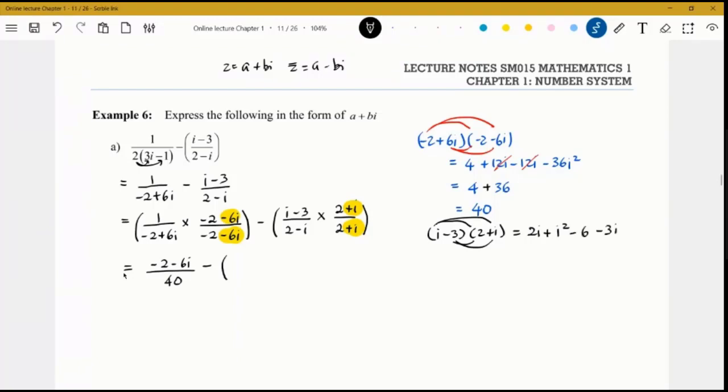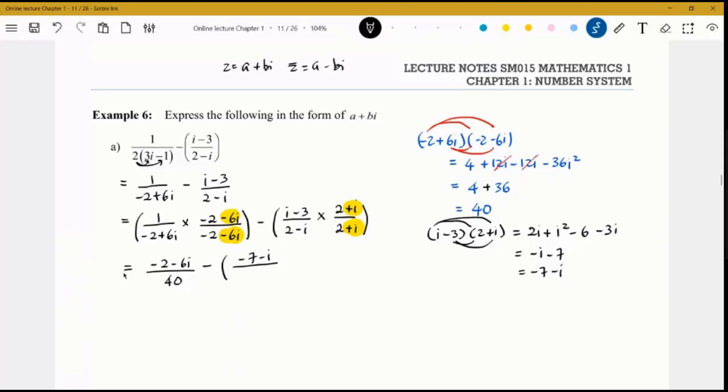So ini dapat 2i. Ini akan dapat positif i square. Ini akan dapat negative 6, negative 3, positive i, negative 3i. So end up will be negative i. So ini adalah negative 1 minus 7. So ubah dia adalah negative 7 minus i. Okay, bahagian atas negative 7 minus i.